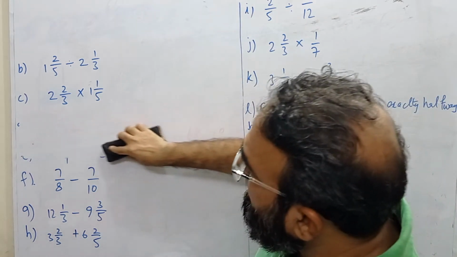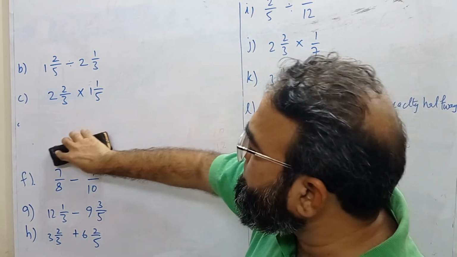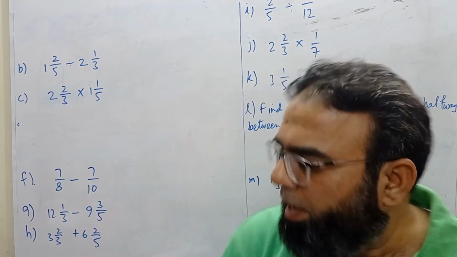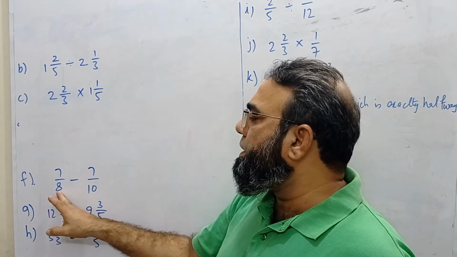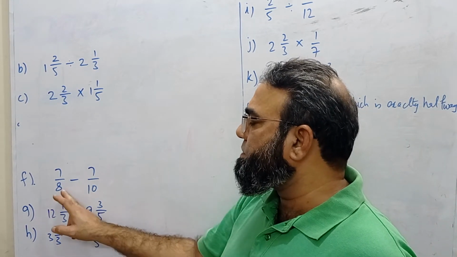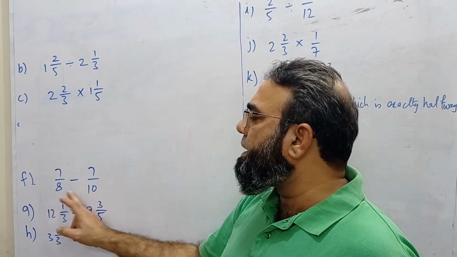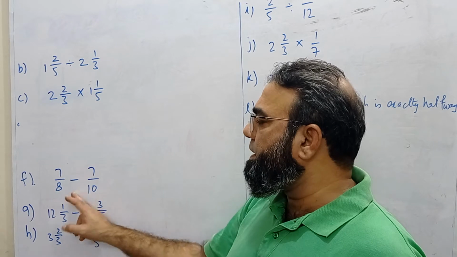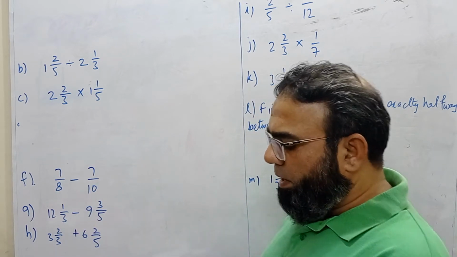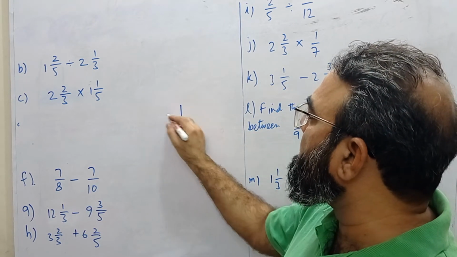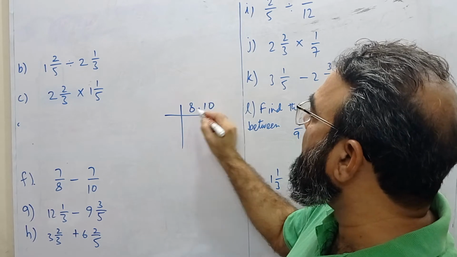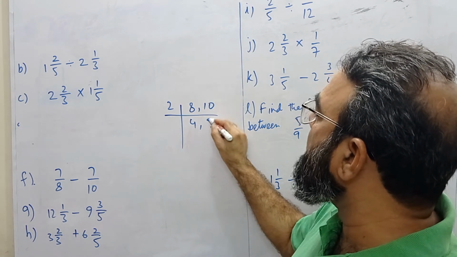Now the part F, you see that this is 8 and 10. Now there is a common factor of 8 and 10, which is 2. So multiplying them together is not a good idea to find the LCM. I'm just going to find the LCM on the side over here. This is 8, this is 10, this is 2 times 4, 2 times 5.